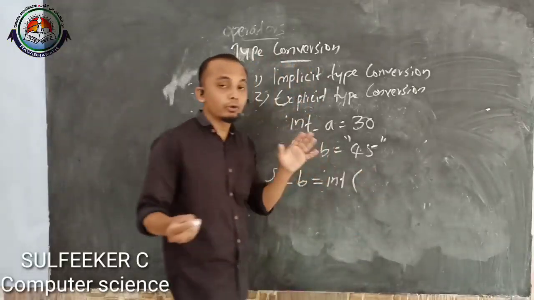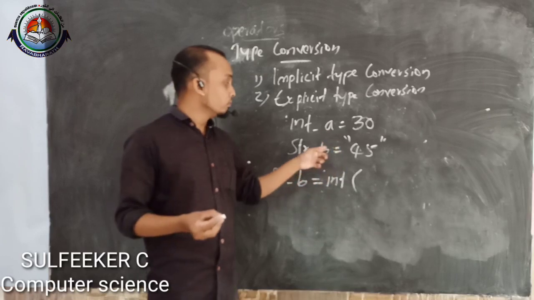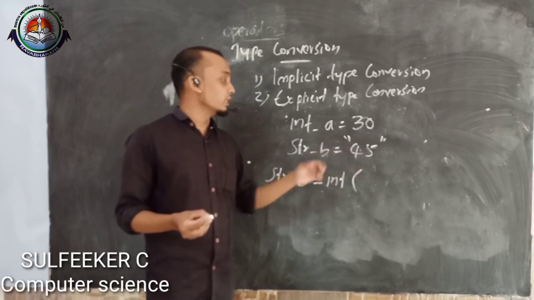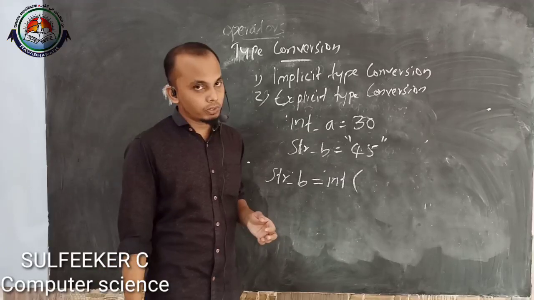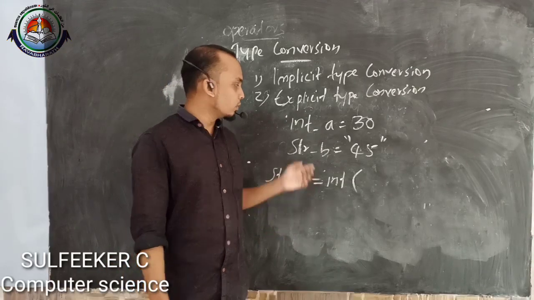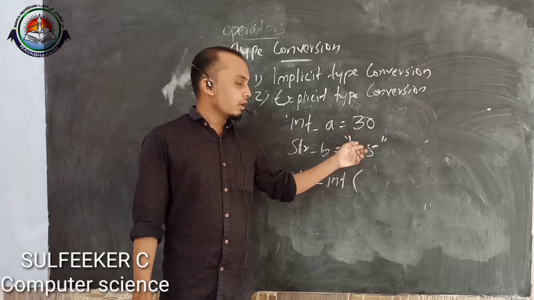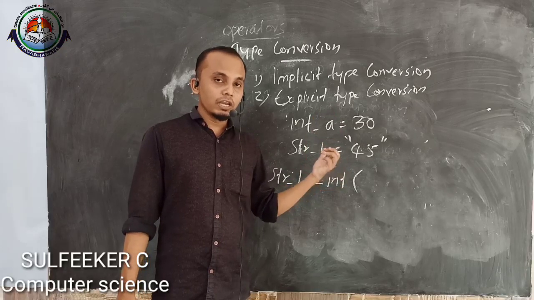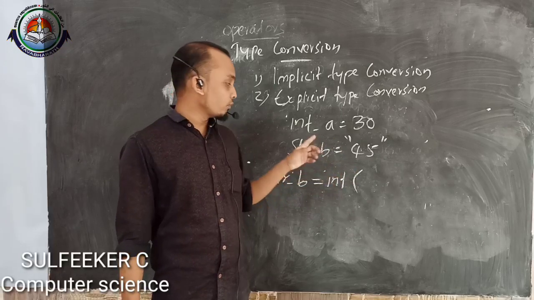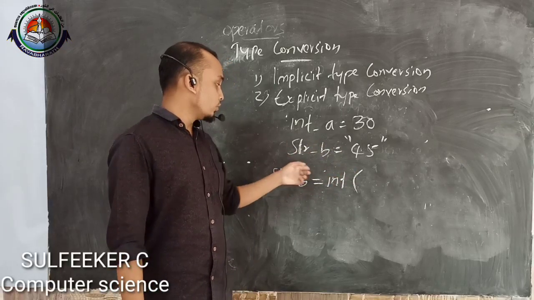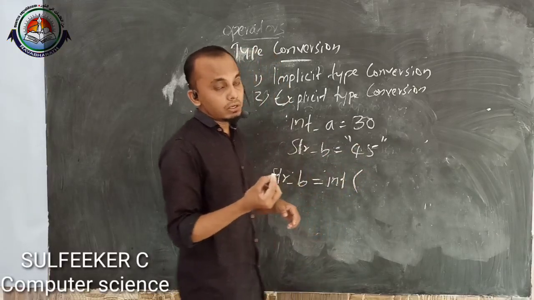If we want to add these two, our first aim is to convert strb into an integer value. Did you understand what I say? Because this is a string value. Did you see these quotes? A value within quotes, double or single, will be considered a string.